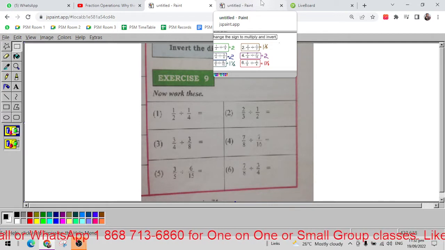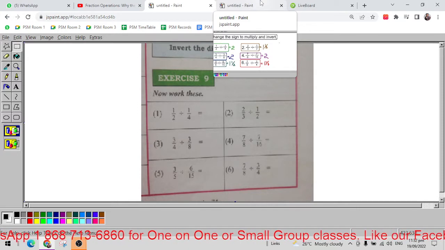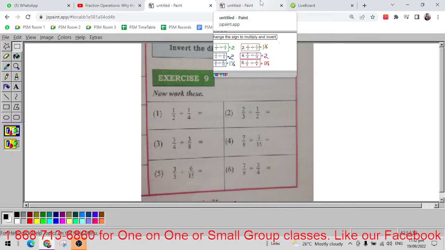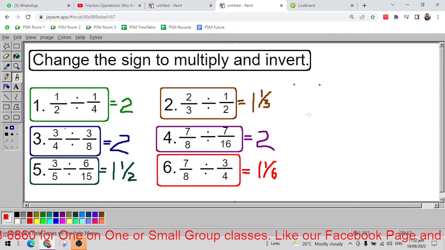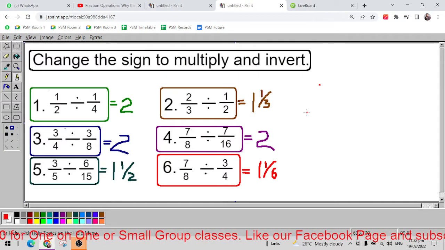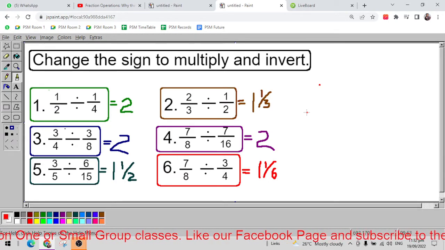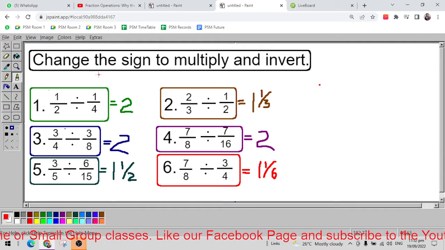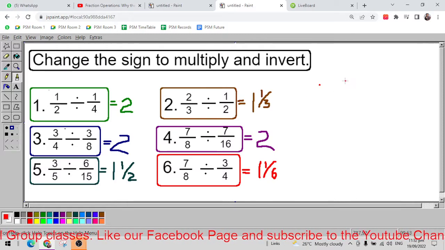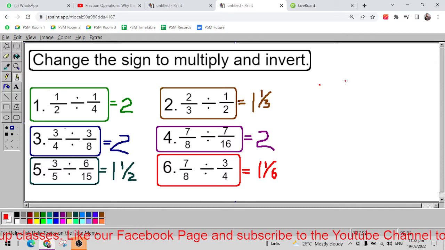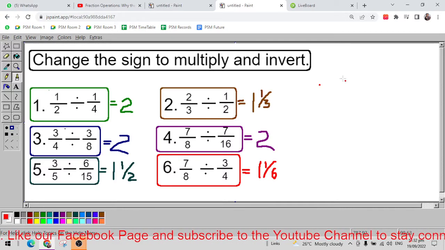Even if it's a worded question, you may need to extract the important information from the words, and this would be what you would be calculating. But it's really easy. So again, you do it in 2 simple steps. You change the division sign to multiply, and then you invert or flip the divisor. Okay, and yeah, so that's it.